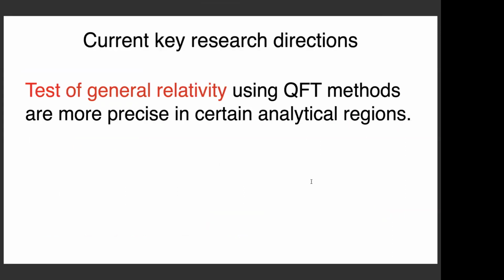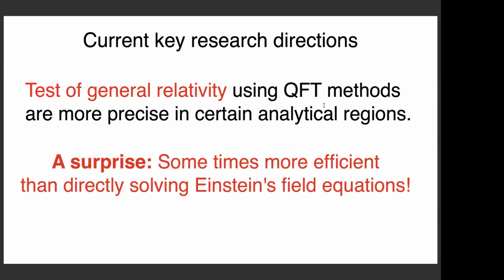A recent key research direction in the amplitude field is to test general relativity, to do precision tests using QFT methods. The reason this is interesting is that we have methods that are more precise in certain analytical regions than the current state of the art using numerical methods.